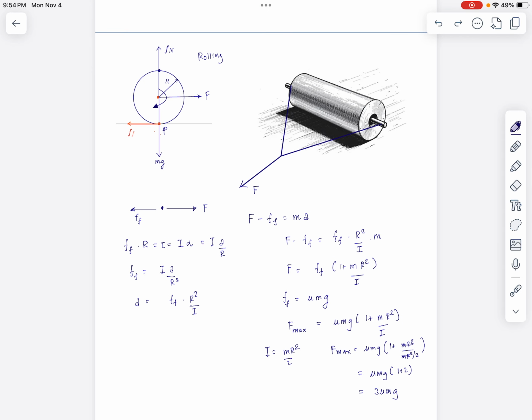Bear in mind that these computations are done under ideal conditions. Real life situations obviously will change, but we have captured the essential physics of the problem. We have understood that you can always apply a force that exceeds the force of friction, and this will cause the cylinder to slide.